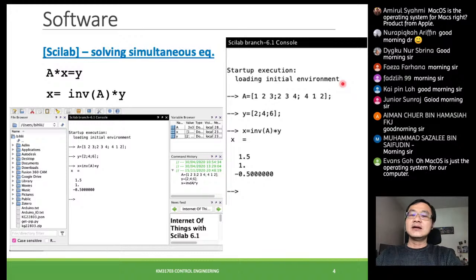So you can see that if you want to solve simultaneous equations, you can group them into a matrix in the form of A multiplied by X equals Y, a familiar form for you. Then you can get the solution of X by taking the inverse of A multiplied by Y, right? So you just have to define what is the A matrix and the Y matrix, right?